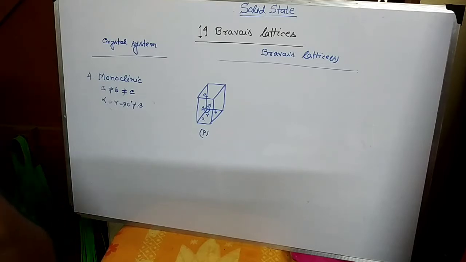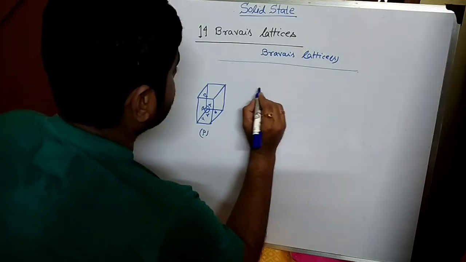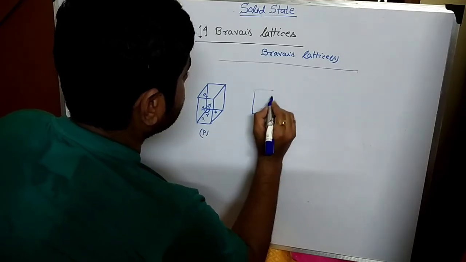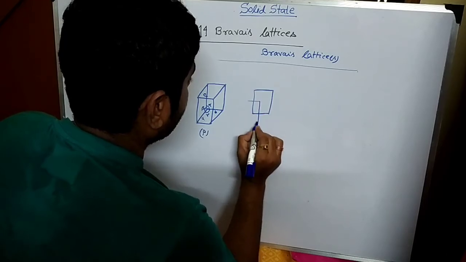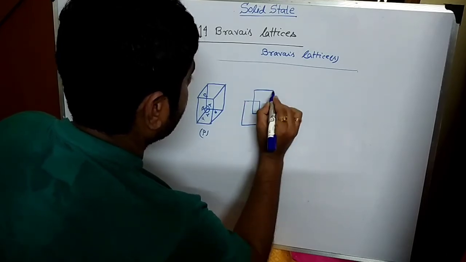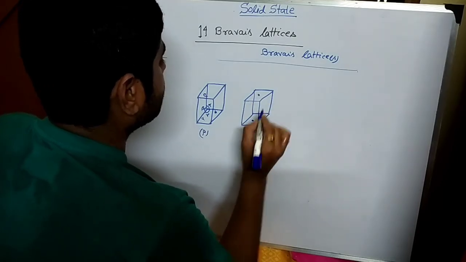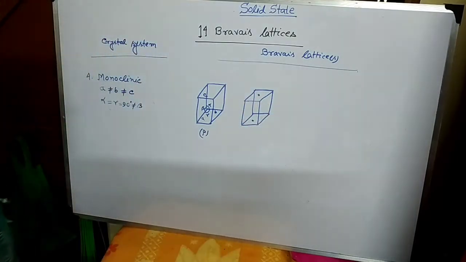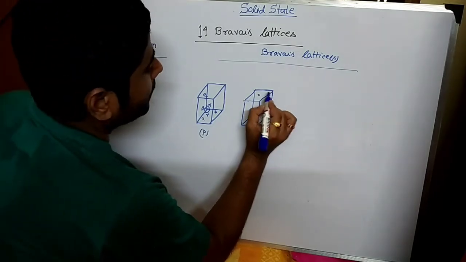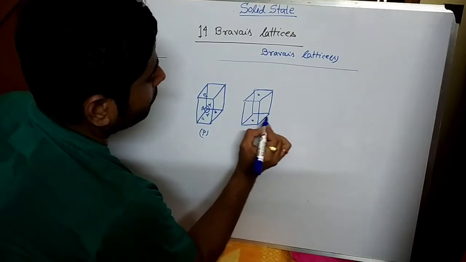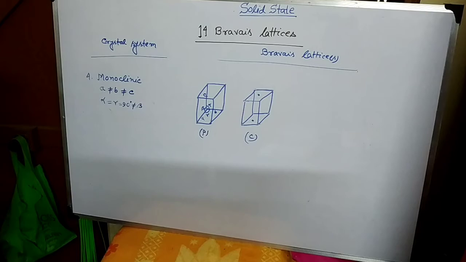And the next category for this monoclinic system is end-centered. Any two opposite faces are containing 1 extra lattice point each and the 8 corners are containing 1 lattice point each. So it is end-centered type.